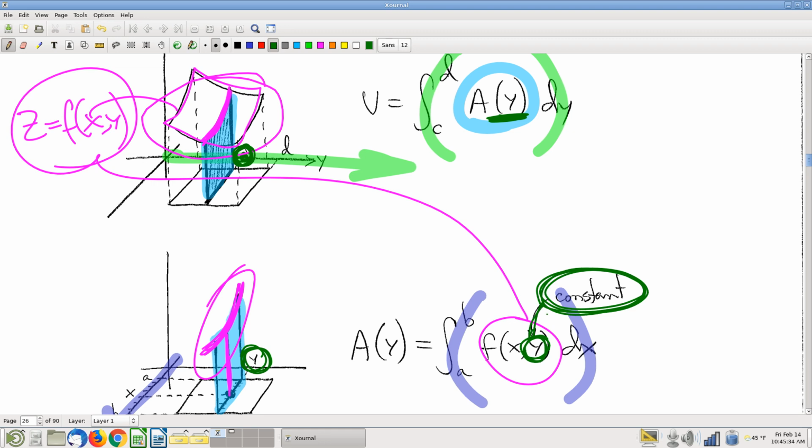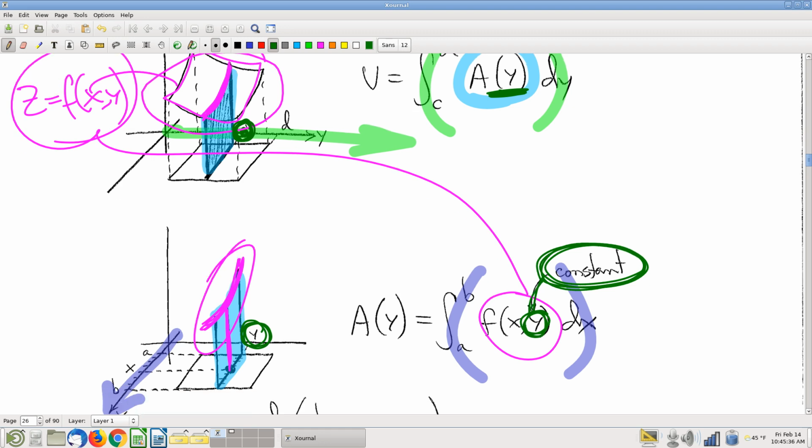It is for a single fixed value of y that I want to know the cross-sectional area. So when you look at this integral algebraically, it seems a little wrong. Like, can you have two variables in an integral? Point of order, we don't have two variables in this integral. y is a constant for the purposes of that integral. Everybody cool with that? Okay.